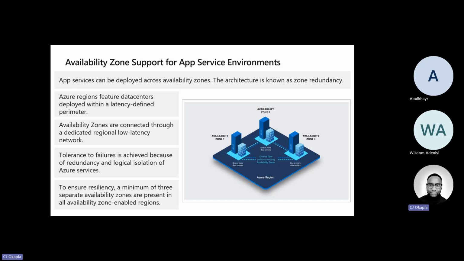You can deploy an app service across availability zones. In these architectures, you have zone redundancy. An Azure region contains different data centers, which are deployed within a latency-defined perimeter.